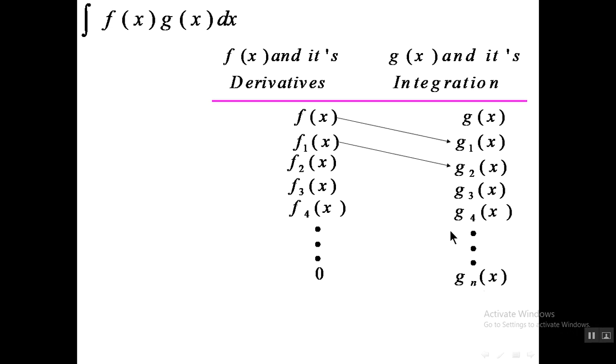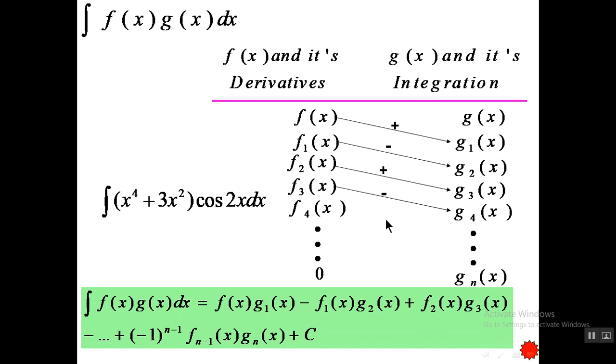Now the formula is that we connect f of x to the second one, not to the first one, g1 of x, f1 to the next, and we connect f2 to g3, f3 to g4, and so on. This is the formula we can apply here, and also we put plus minus on this.